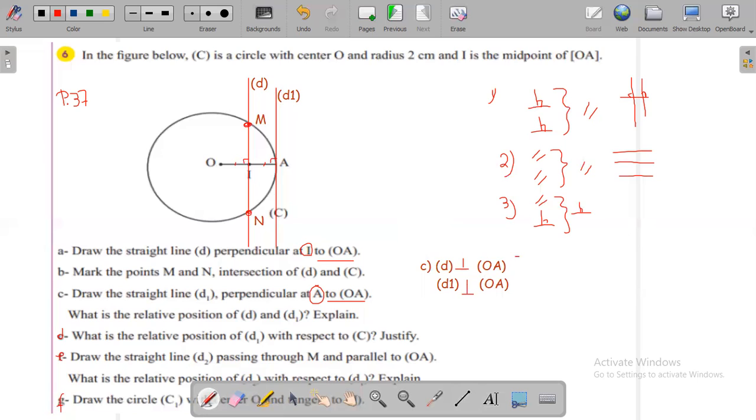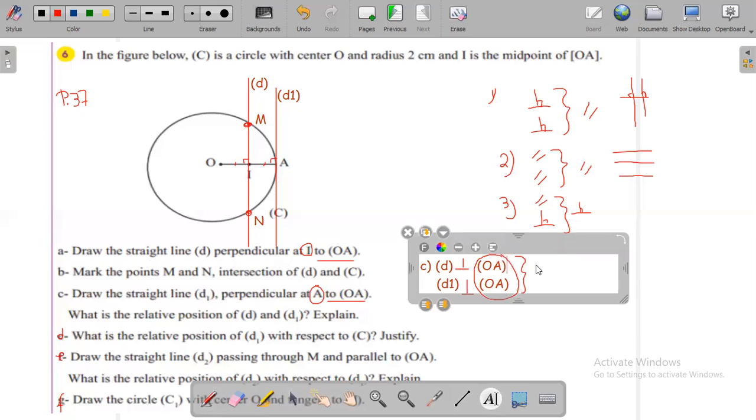So, look, D and D1, they are perpendicular to the same straight line. They are perpendicular to a third, so they are parallel. So D is parallel to D1.